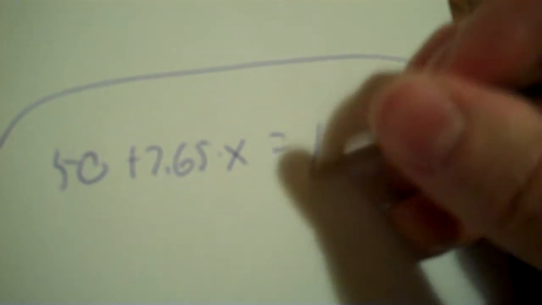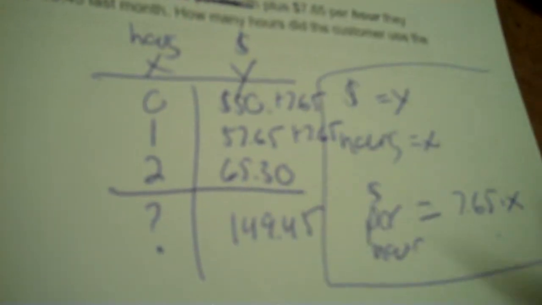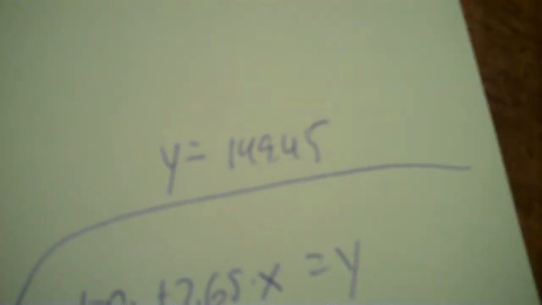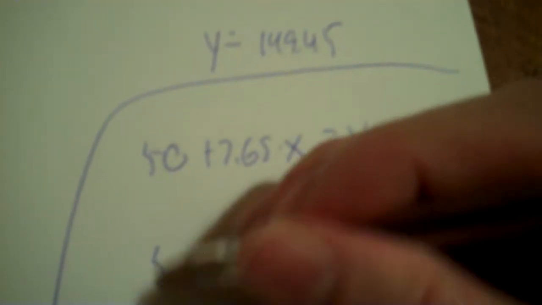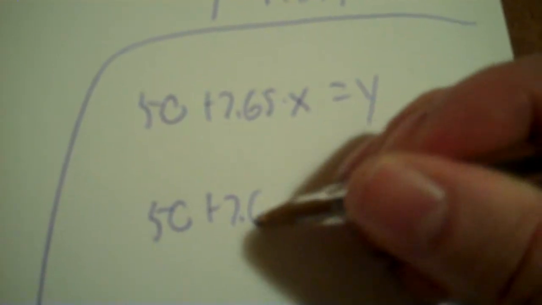So you've got 50 plus 7.65 times X equals Y, and of course Y is going to be equal in the equation to $149.45. That goes in for Y. You've got plus and times, so you take out the 50 with a minus.